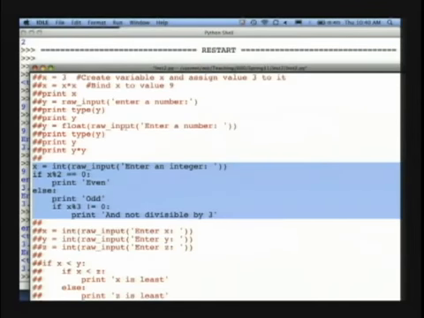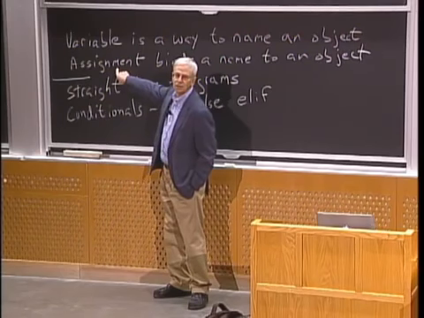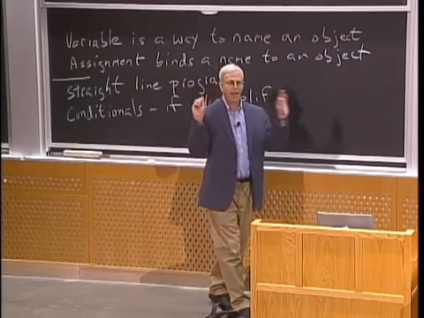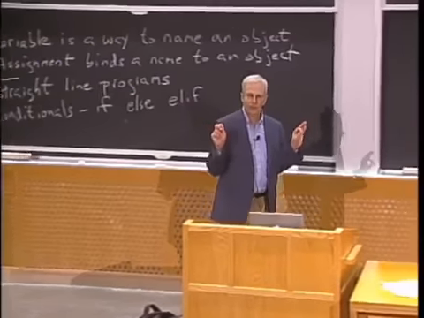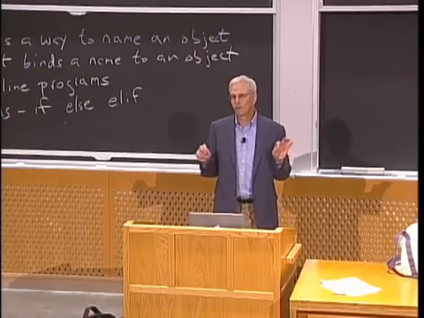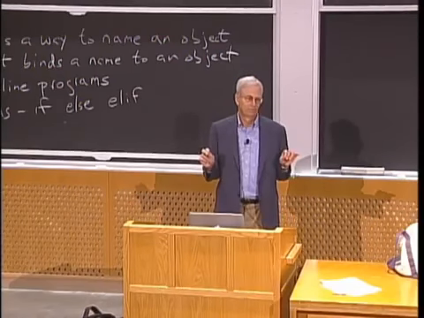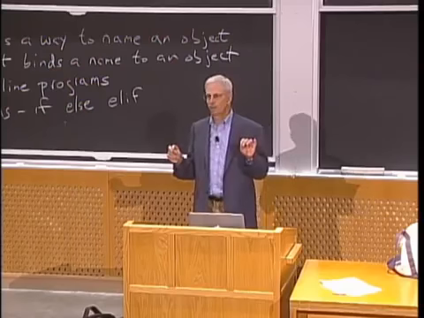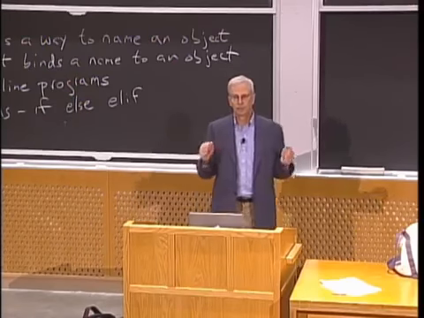That's important. You'll notice that we used an equal sign to do assignments. If we want to do a comparison as to whether two objects have the same value, we don't write a single equal, we write a double equal. So whenever you're testing for equality of objects, you use double equal.